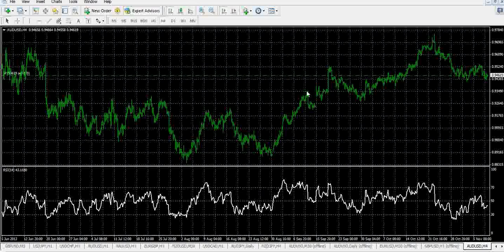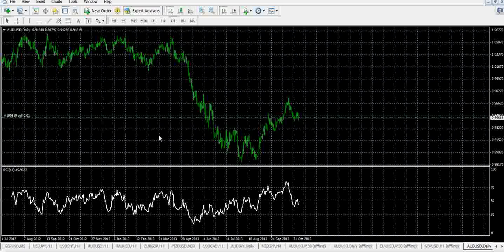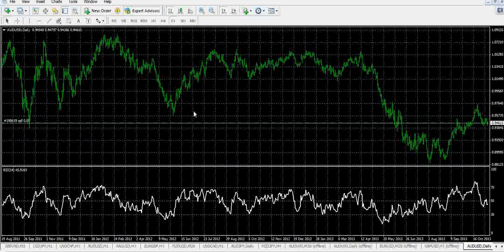I took the 4-hour chart, but I will shift time frames very easily. It's not a problem. The first step, I add the relative strength index. Then, like I said, I draw Fibonacci levels. I will take, for example, the level just right now.